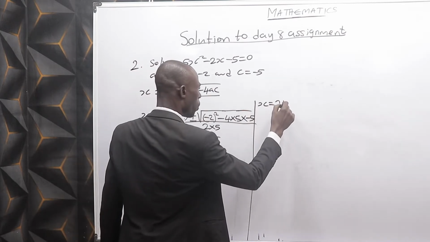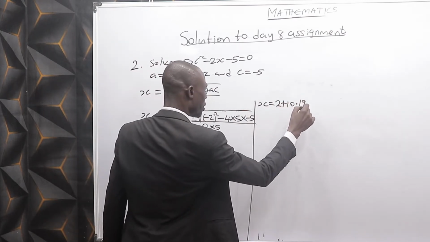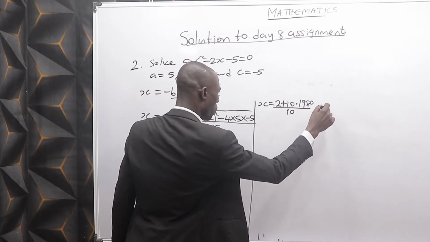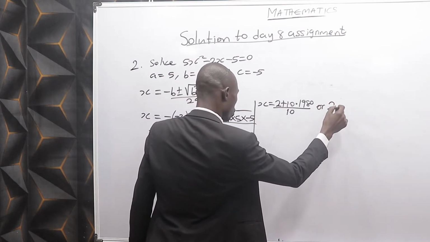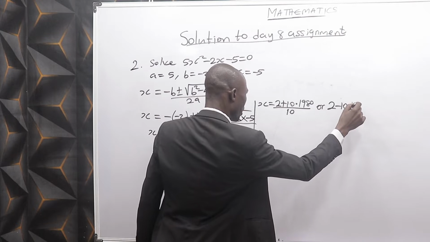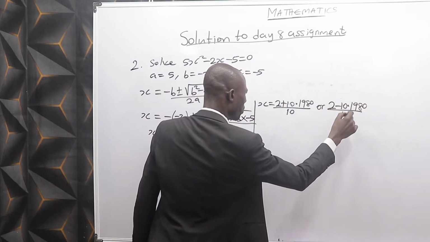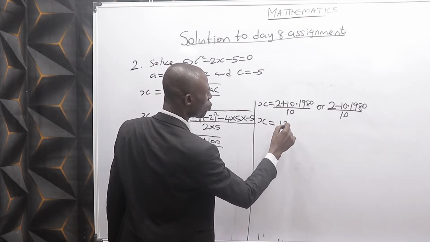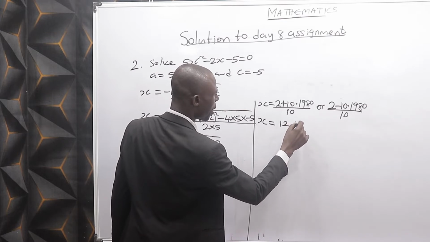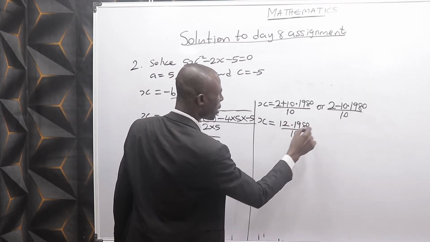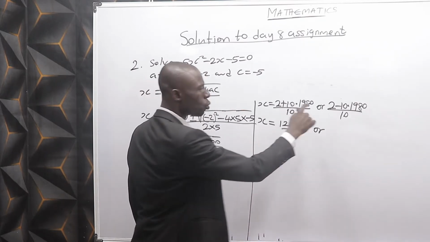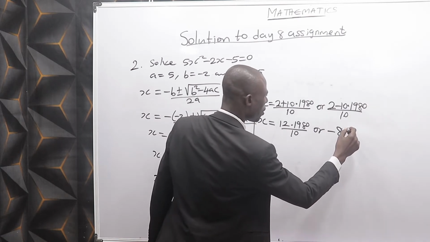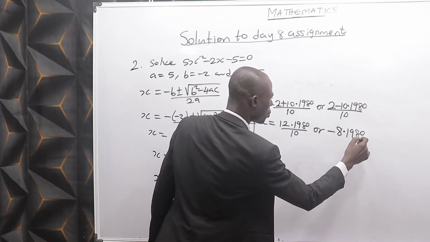So we have 2 plus 10.1980 divided by 10, or 2 minus 10.1980 divided by 10. x now is 12.1980 divided by 10, or 2 minus 10.1980 will give you minus 8.1980 divided by 10.